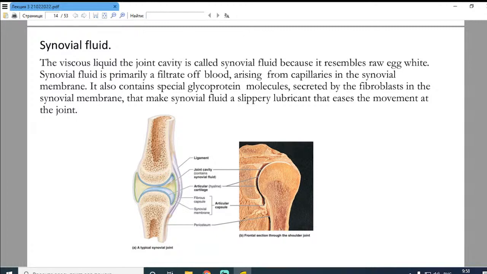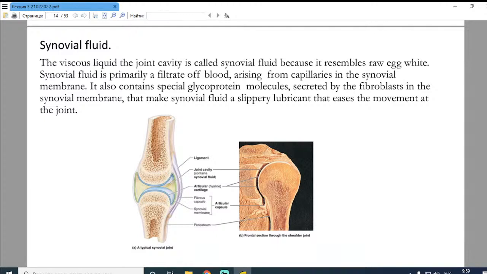Synovial fluid is primarily a filtrate of blood arising from capillaries in the synovial membrane.